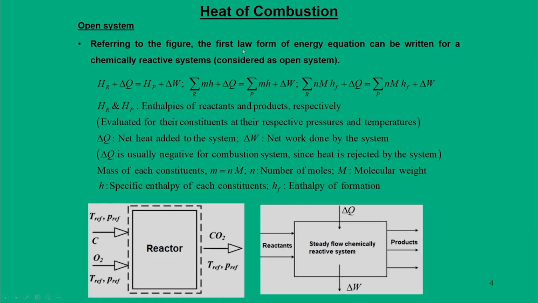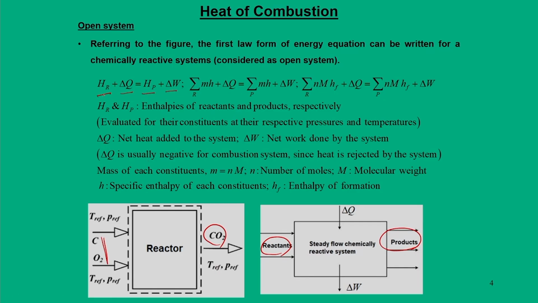If you refer to this figure, carbon and oxygen are treated as reactants, and the output from this reactor, CO2, is treated as the product. If, hypothetically, some heat is coming in and there is a work transfer, then the complete equation, the first law for an open system, can be written as: total enthalpy of reactants plus the energy entering equals enthalpy of products plus the work transfer for this reacting system.